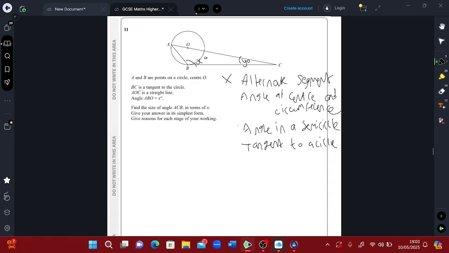If it was in a semicircle, essentially it's a triangle formed in the semicircle, so half of the circle, where one of the sides is the diameter of the circle.